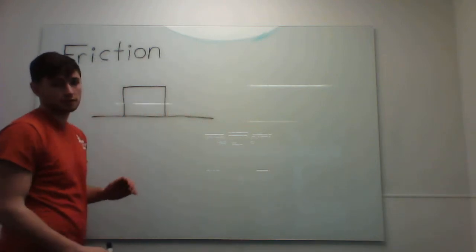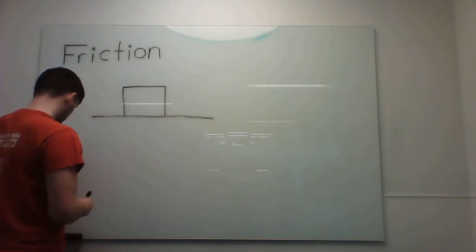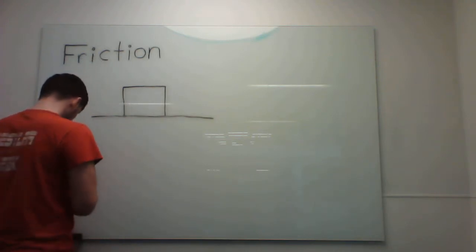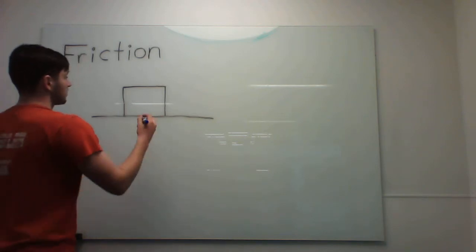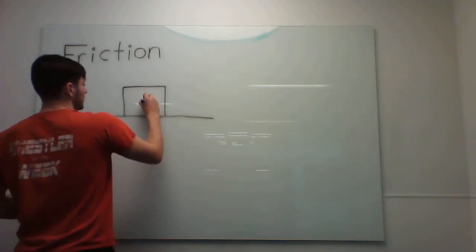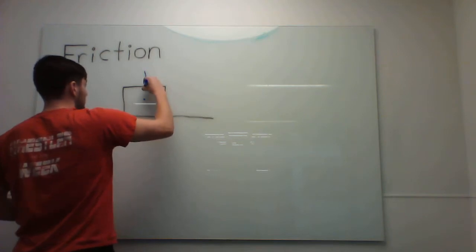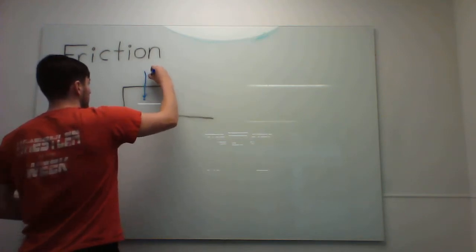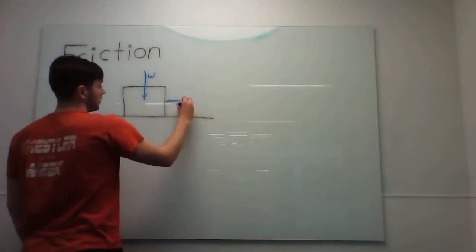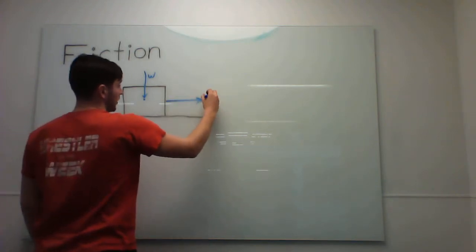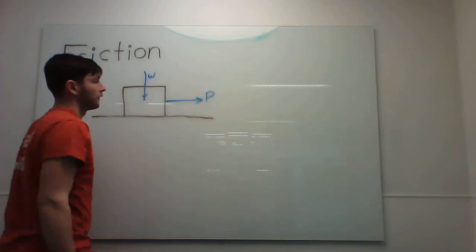It's a rough surface. So, we are then given that there is a weight to this box, our weight, and it is also being pulled this way with the force of P.